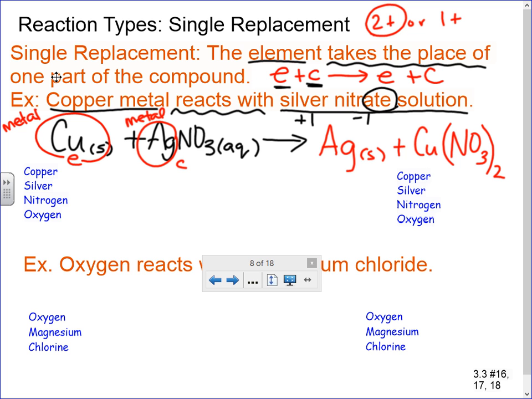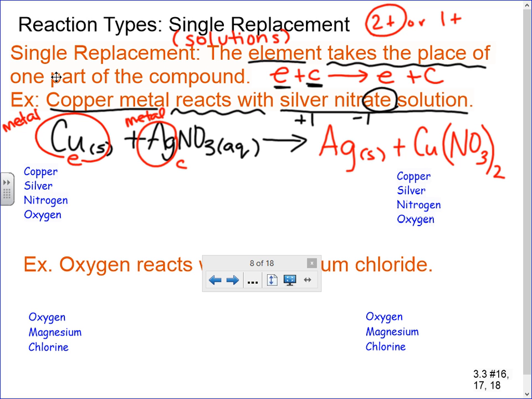So now for the state. You'll notice that in replacement reactions, very often we are dealing with solutions. It's very common. So if I have a solution at the beginning, that means that there's water around. I could have a solution at the end as well. So when I think about my ionic compounds, which are sometimes soluble in water, I'm not going to immediately say that that's a solid.